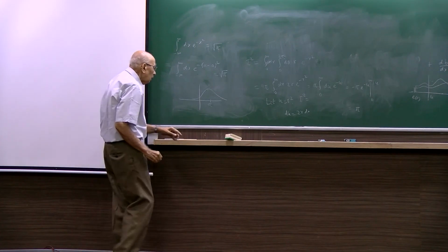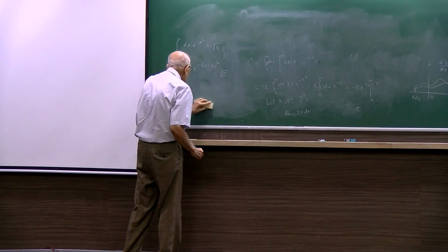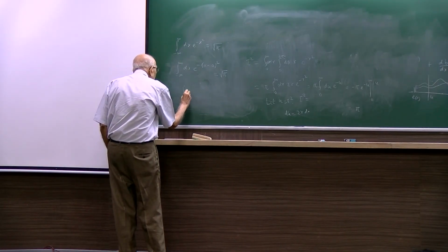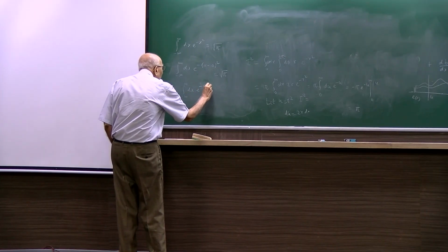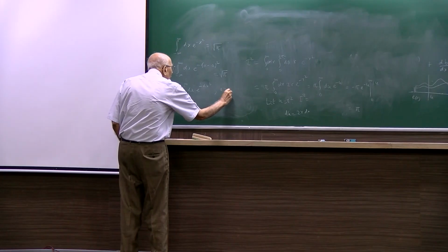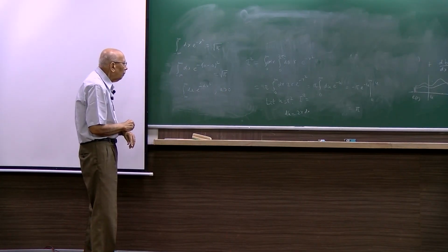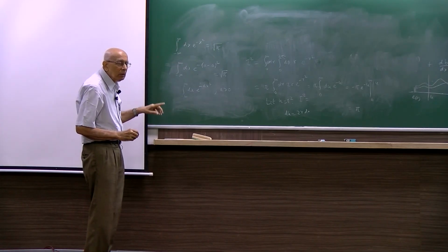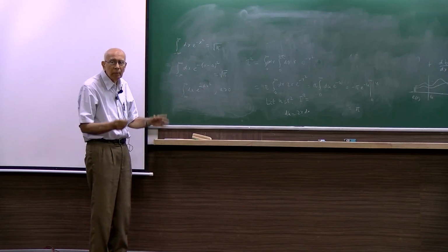What about this integral? A is a positive constant, so the exponent remains a negative number and it converges, otherwise it blows up.